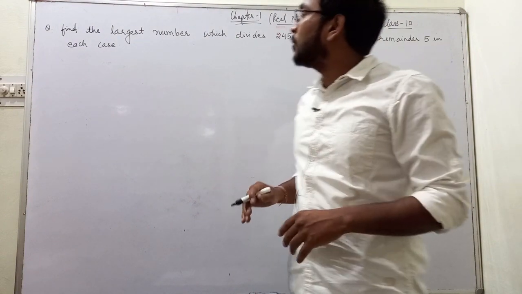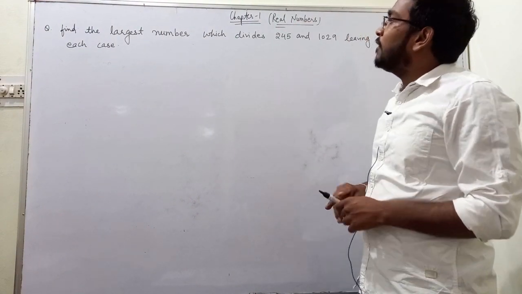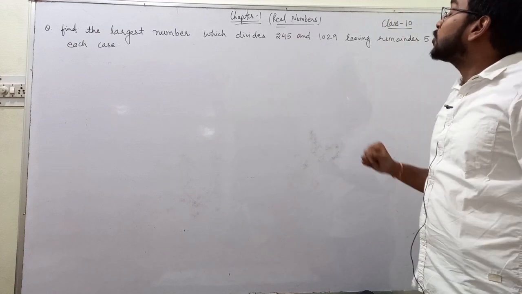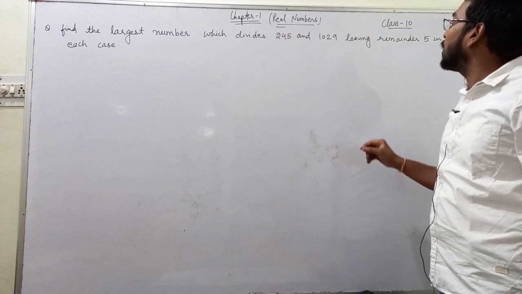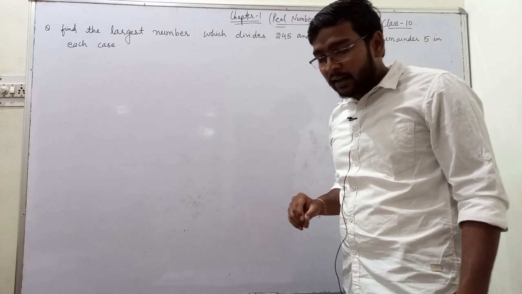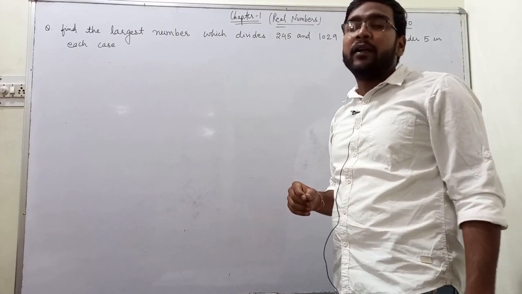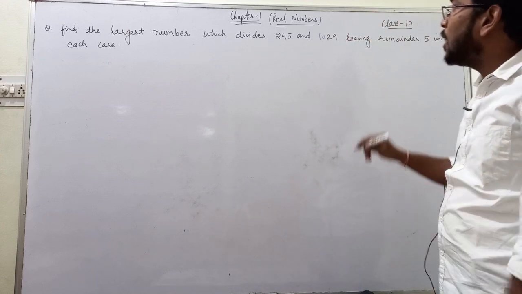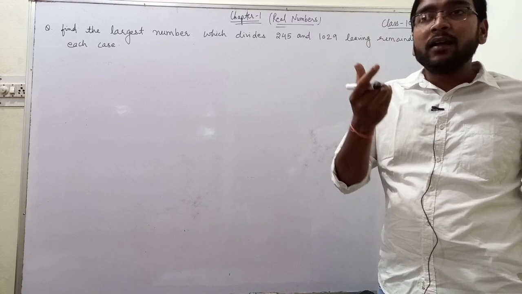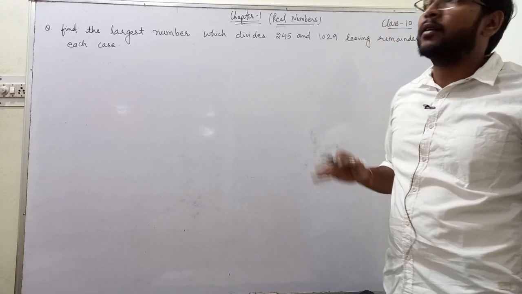Now look at this problem. In this problem, we know that a number divides 245 and 1029, leaving the remainder 5. If a number divides another number leaving some remainder, then the first number must be divisible by the second number minus the remainder.